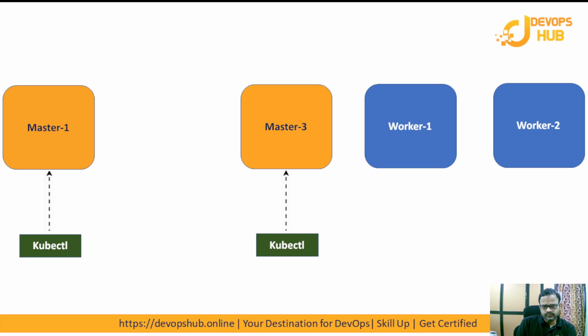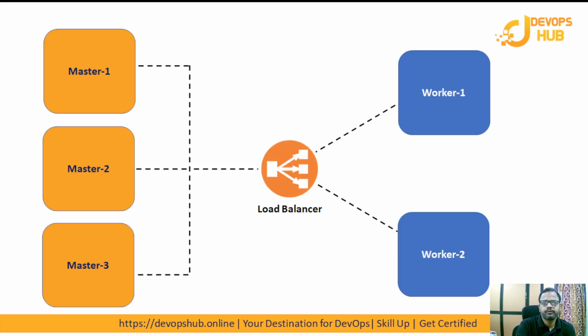To make things simpler, we are not going to work with all 3 master nodes all at once. Instead, we are going to create one load balancer and put the master nodes behind the load balancer and work on the worker nodes. You can interact with master node 1, master node 2, master node 3 simultaneously.